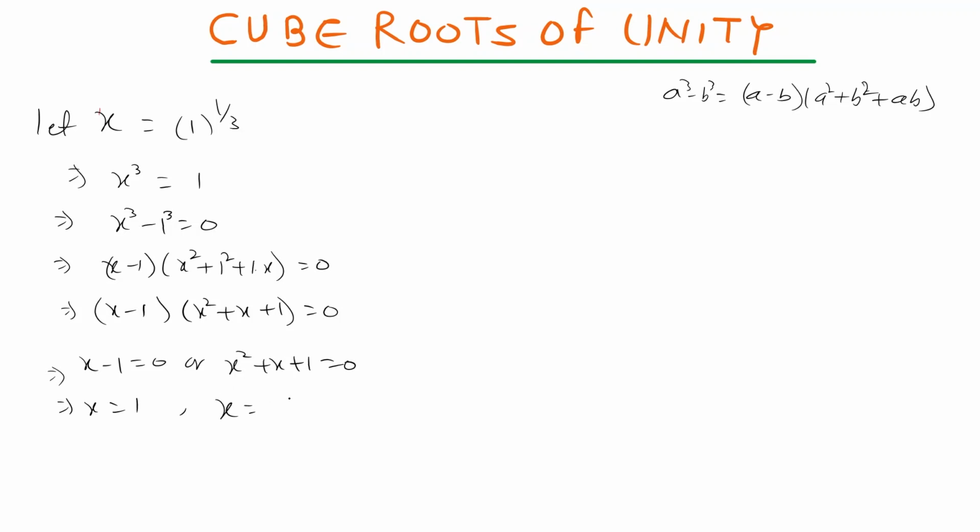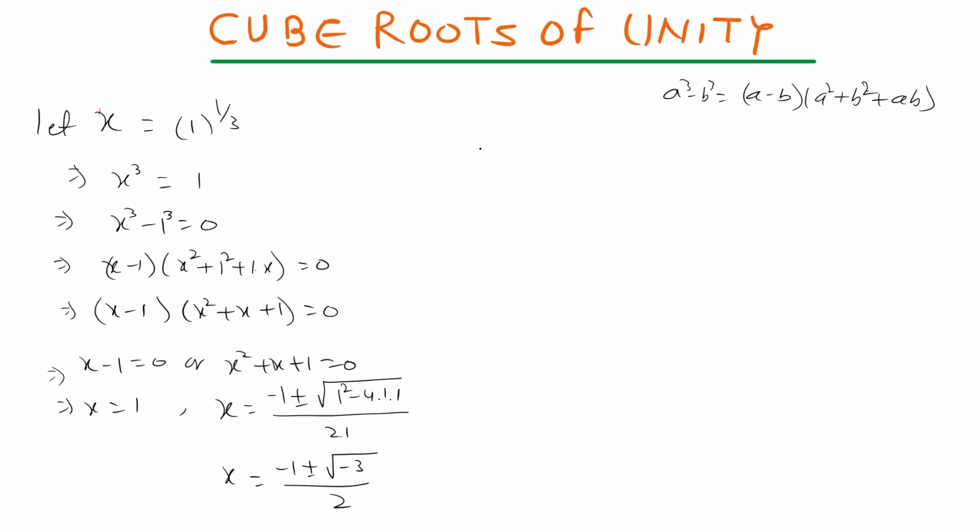So x is equal to minus b, that is minus 1, plus minus root of b square minus 4ac, by 2a, right? So x is equal to minus 1 plus minus root under 1 minus 4, that is minus 3, by 2.